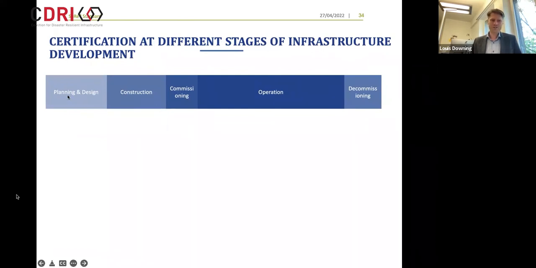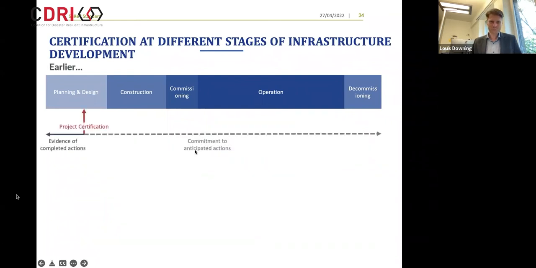Very broadly speaking, if we say we have planning, design, construction, commissioning, operation, decommissioning, applying the certification earlier means that an auditor or a sustainability professional who's applying the standard will look at what the project has done, what evidence there is, and then what is being committed to in the future, in terms of what will be built, how communities will be engaged with, how employees will be treated, all of these questions.